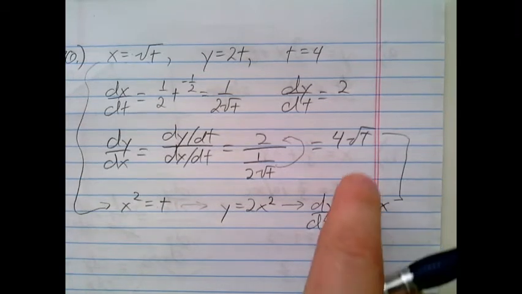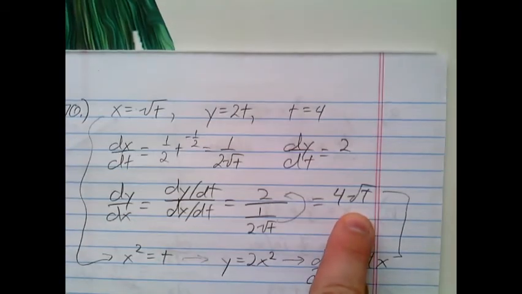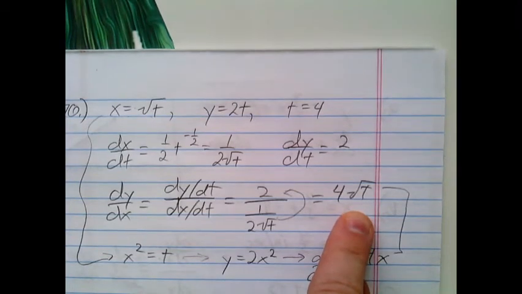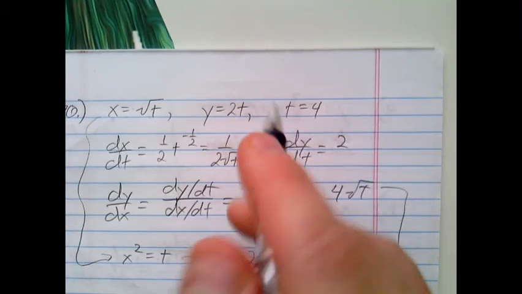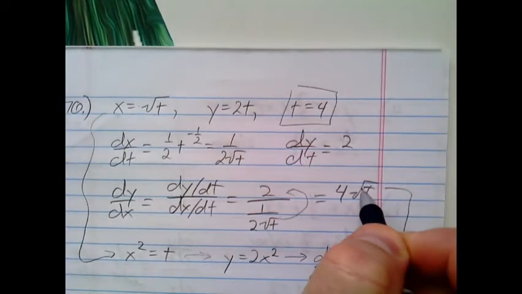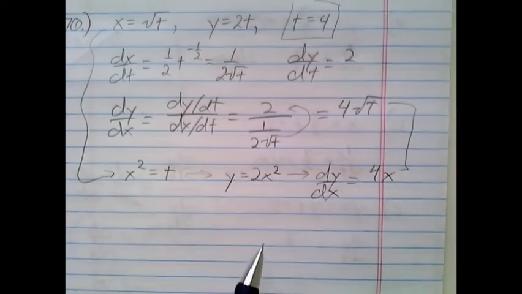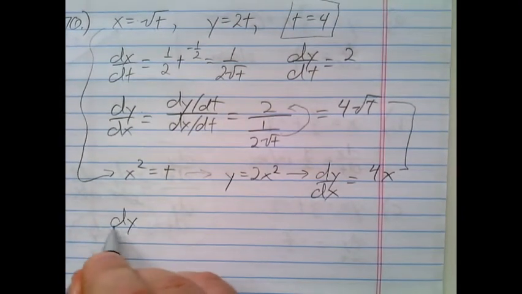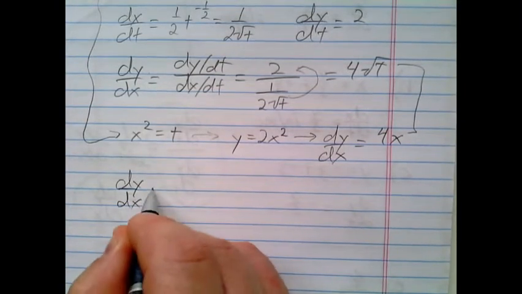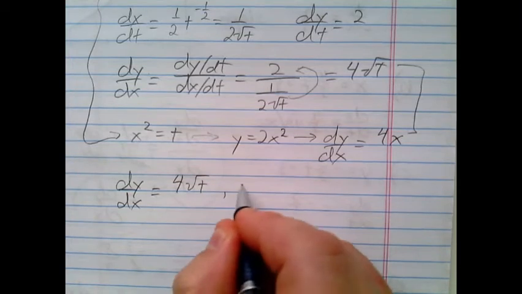As it happens, this way is a little more convenient for us because we weren't given the x value at the point where we want the tangent line. We were given the t value. So we're going to take that t value and plug it into this formula for dy/dx. Alright, so I'll just restate it. dy/dx is 4 square root t.